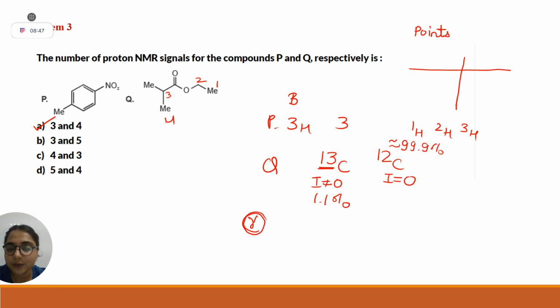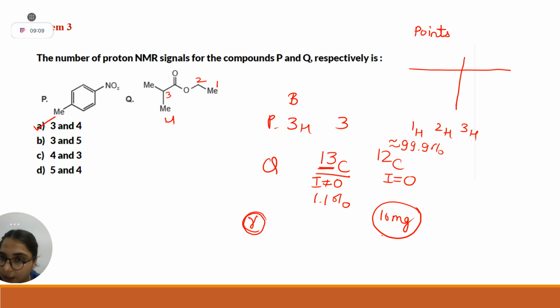Okay, it will confuse you. Later, we will solve questions based on it. There, I will explain. But for now, you should understand that since the abundance of 13C is less, for proton, 10 milligram sample is enough for proton NMR.